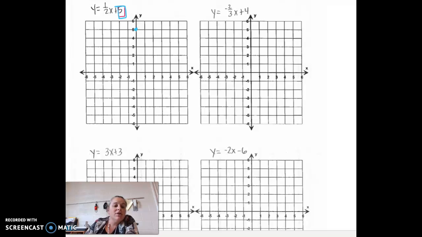And then your slope tells you, my goodness, I need pink, to go up 1 and then over 2. So from here, I can go up 1 and then over 1, 2. Where I end up, I can put a dot, and then I would just draw a line through those.